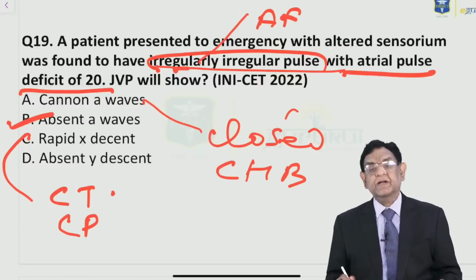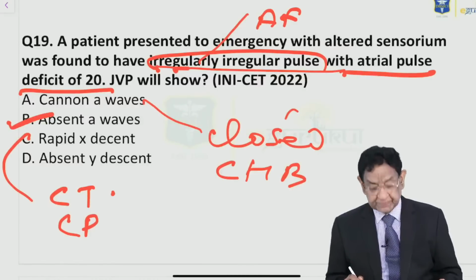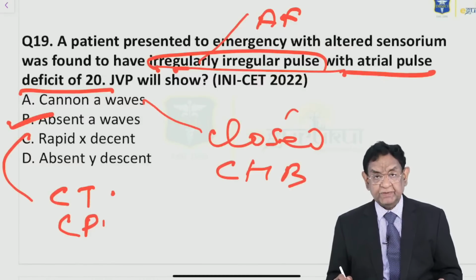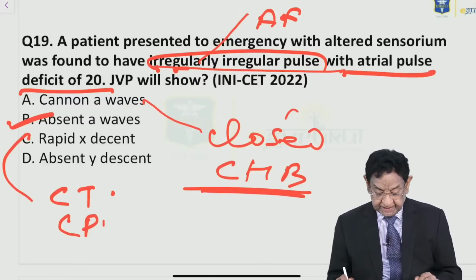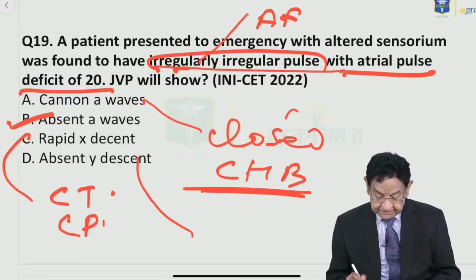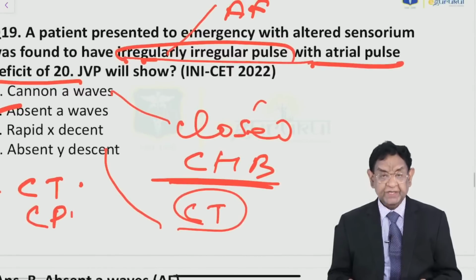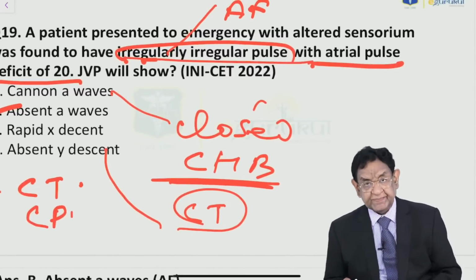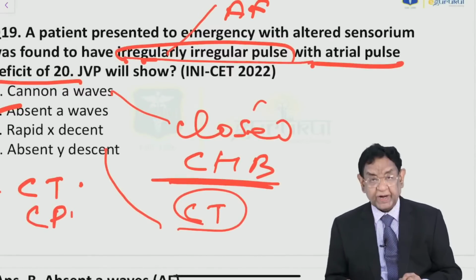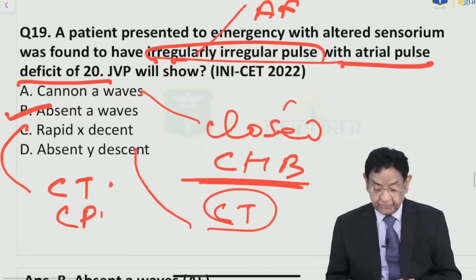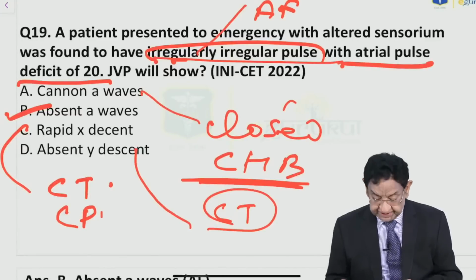CT stands for cardiac tamponade, CP stands for constrictive pericarditis. And absent Y descent, this we see in cardiac tamponade. So they are very important questions regarding JVP.